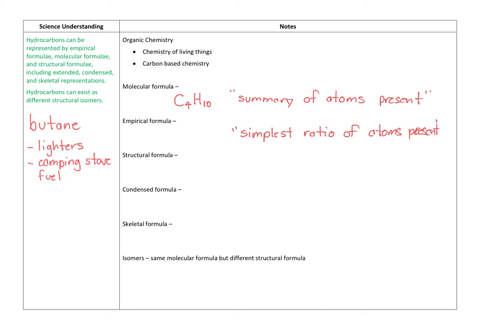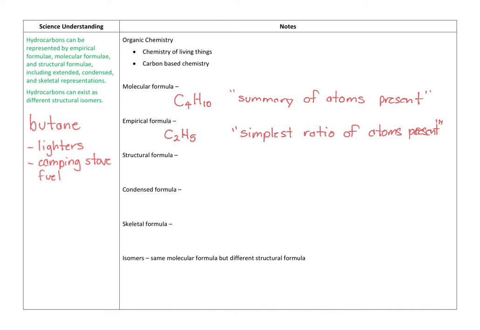We don't use this as much in organic chemistry, but in this case, if this was a mass problem, you would say C4H10. Well, that can be simplified to C2H5. There's 5 hydrogen for every 2 carbon. That's that simplest ratio. But again, not one that we commonly worry about in organic chemistry, but you do need to be aware of what an empirical formula is.